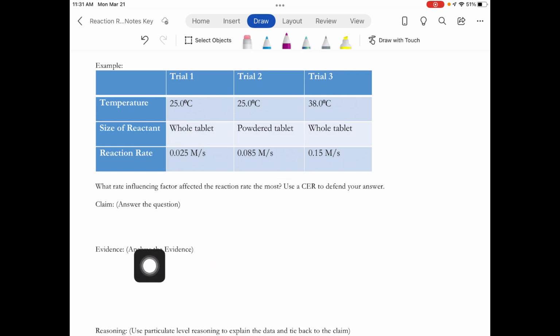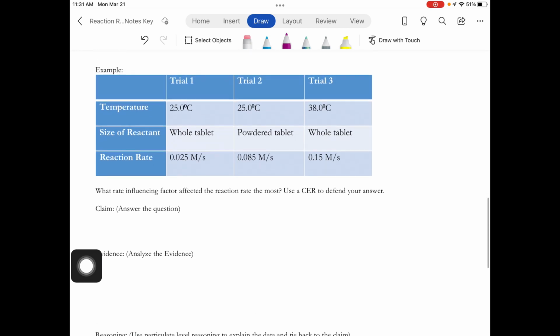We are actually going to jump to the evidence first before we make our claim. So we need to analyze the evidence. We should include numbers in here. So it looks like we have two things that we tested. Here's kind of like our trial that we are using for comparison. So this is our comparison trial that we're going to use for trial 2 and trial 3.